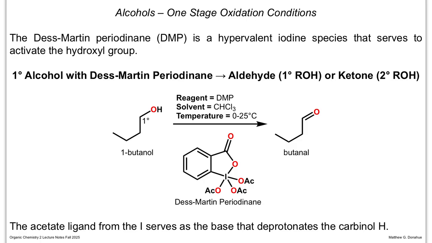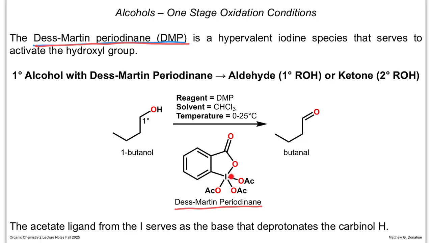So the third one is called the Dess-Martin periodinane, or DMP. And again, whether we start with a primary or a secondary, it's only going up one stage. Below the arrow, this is the structure of the Dess-Martin periodinane. What makes this an oxidizing agent, you see that iodine atom?